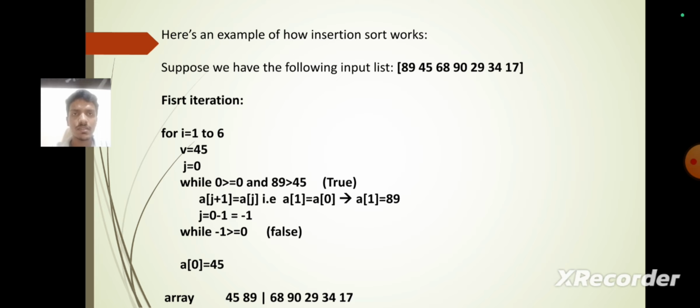While j is greater than or equal to 0 and 89 is greater than 45, A of j plus 1 equals A of j. j equals 0 minus 1 equals minus 1. Then check the while statement: while minus 1 is greater than or equal to 0 is false. A of 0 equals 45.